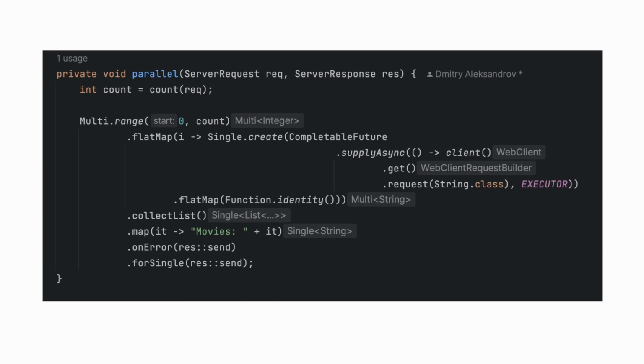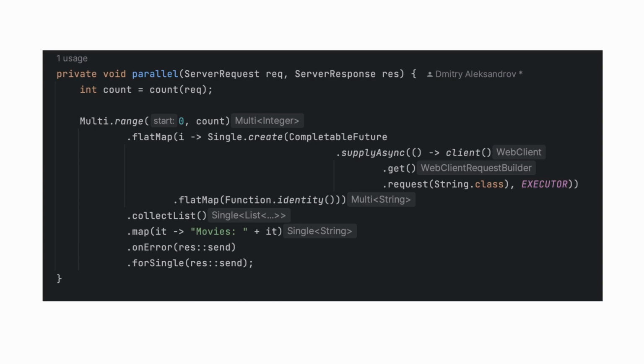What we see here is that for some range in counts, we create a completable future when we supply an asynchronous executor, which we use to send a request to an external server. We then flat map all the results using something called function identity. I really don't know what it is, but experts in reactive programming know it very well.